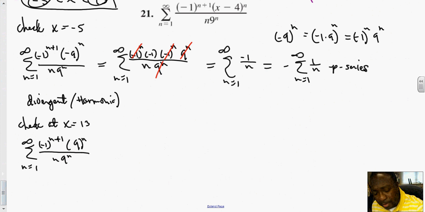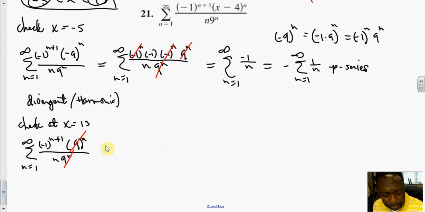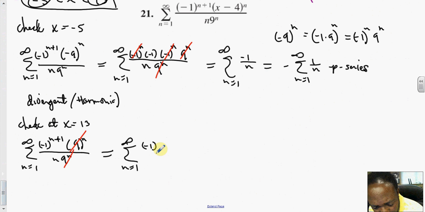We apply the law of cancellation. Summation as n goes to infinity. Here this is negative 1 to the n plus 1 all over n. This is an alternating series, convergent.